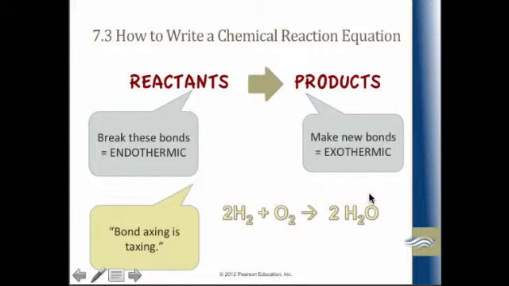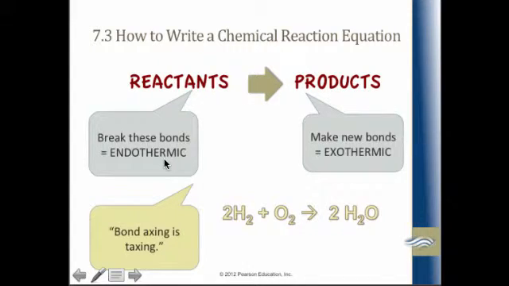First of all, let's remind ourselves of this phrase, bond breaking is taxing, and that's an important energy change idea. When we have a chemical reaction equation, reactants come in with certain bonds to the atoms inside of the compounds, and these bonds have to be broken in order for the atoms to rearrange and make the products. Well, it costs energy to break up these reactant bonds.